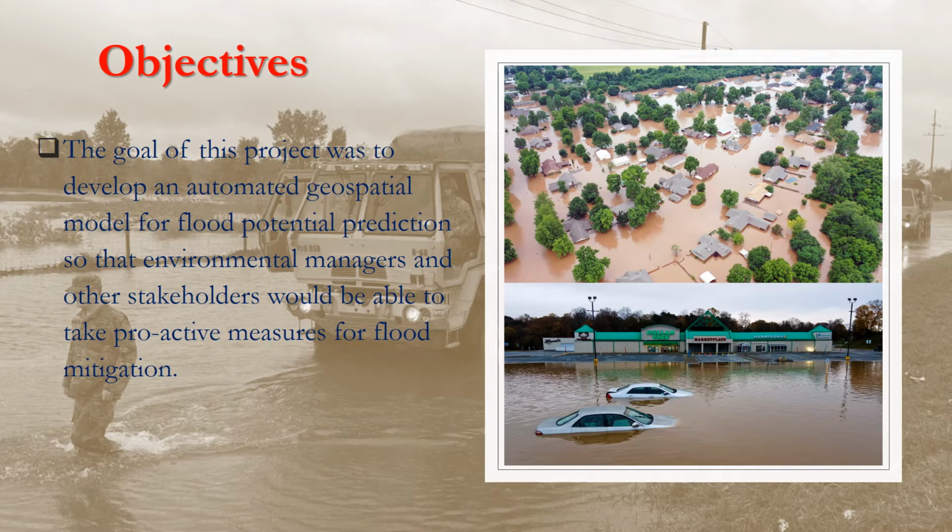The goal of this project was to develop an automated geospatial model for flood potential prediction so that environmental managers and other stakeholders dealing with such miseries would be able to take proactive measures for flood mitigation.